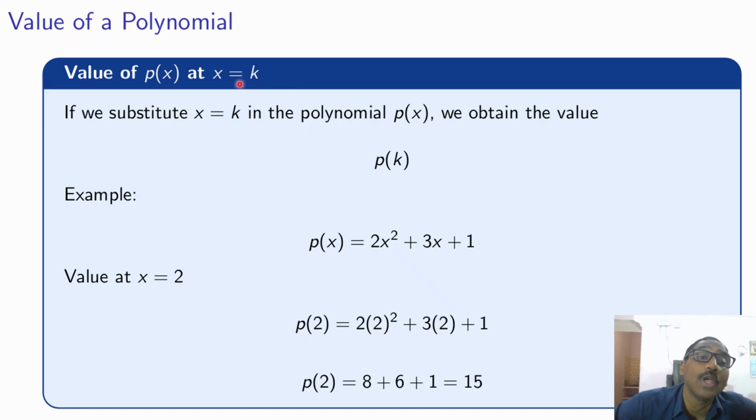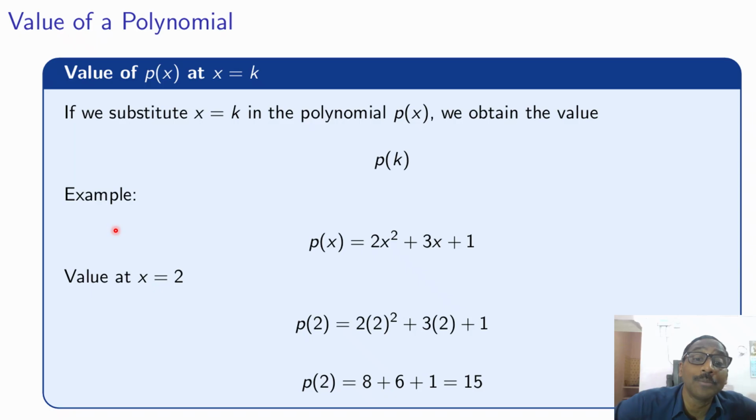If I take x equal to k, then I will get p of k, the polynomial value at x equal to k. So if we substitute x equal to k in the polynomial p of x, we obtain the value p of k.